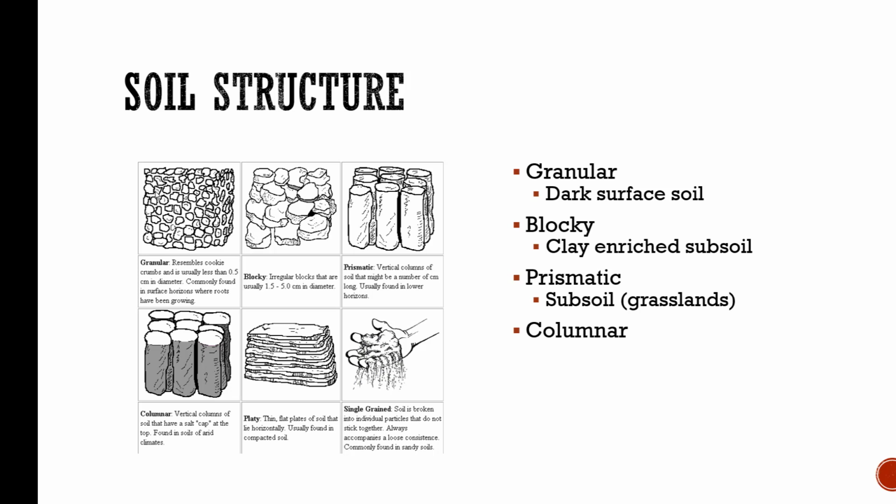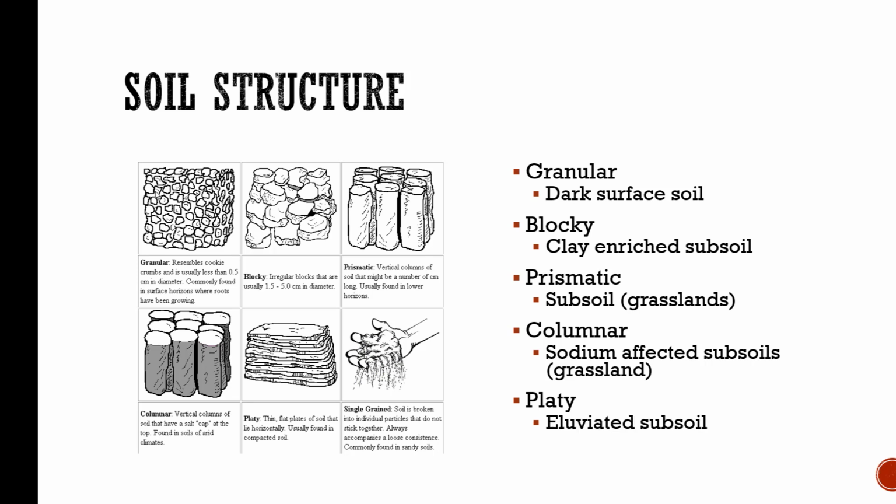Columnar, these are vertical columns of soil. This happens in more of a salty grassland situation. Platy, that's an alluviated subsoil, usually found in compacted soil, and you can see water's not going to really be moving through that.